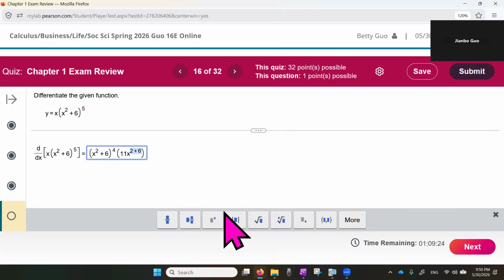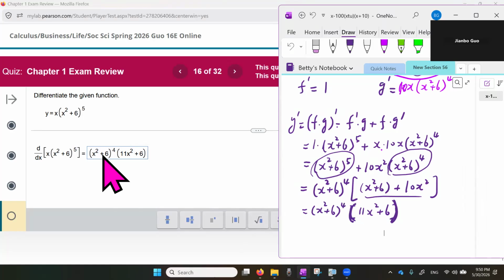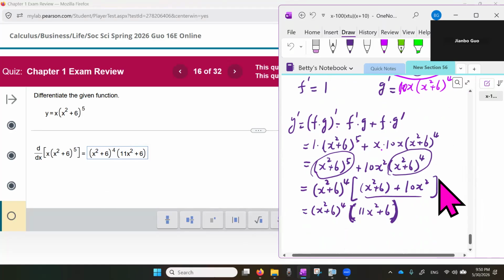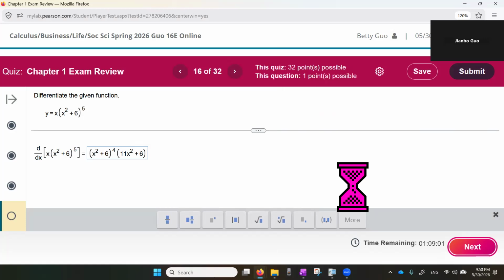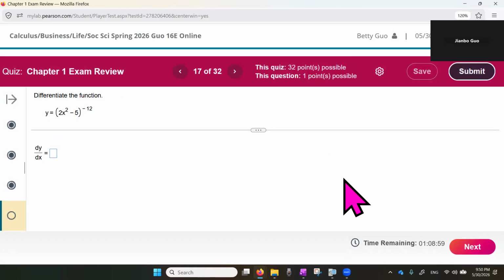Let me look at it again: (x squared plus 6) to the power 4, 11x squared plus 6. It's good to always double check just in case we make any mistakes. Still fine. Okay. So next, question number 17.